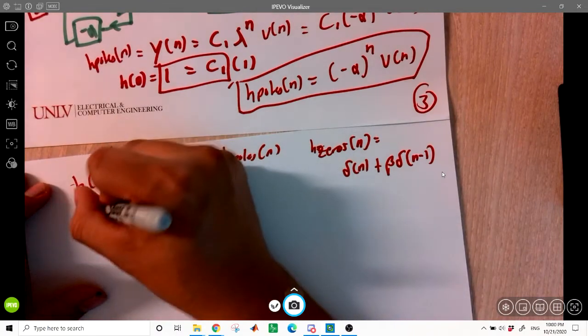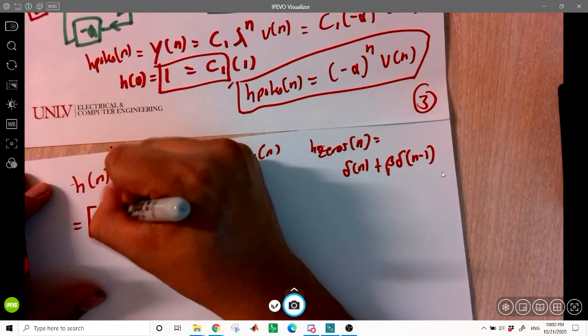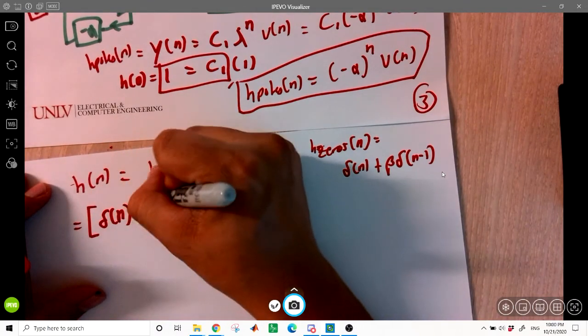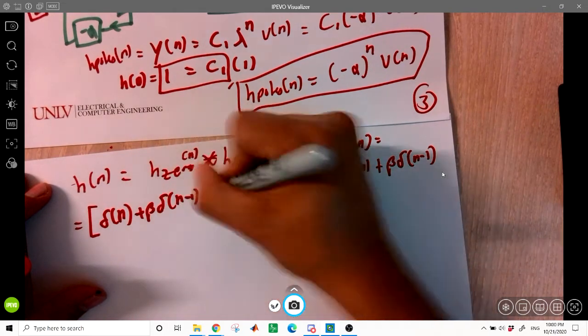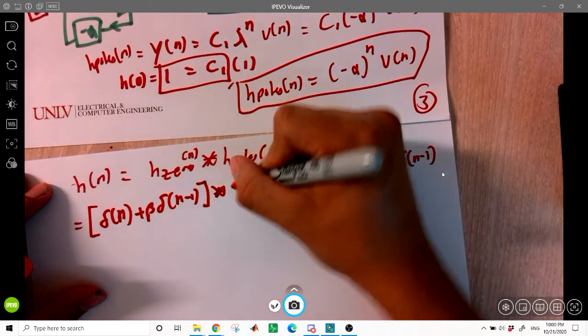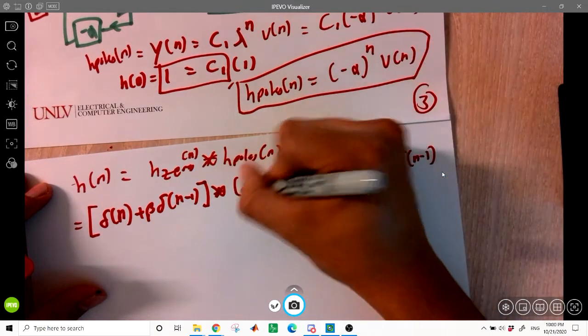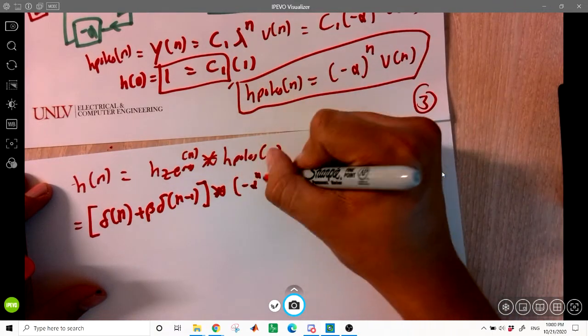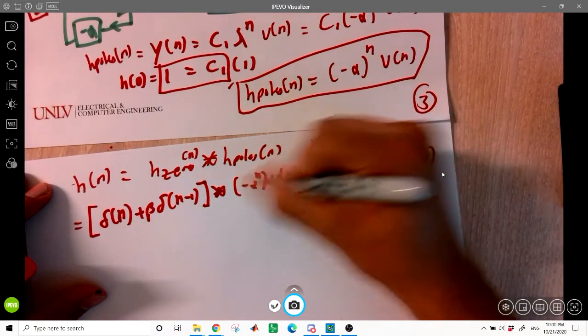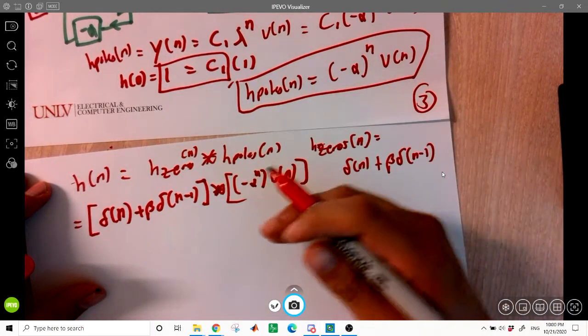Now we can see that it's going to equal, let's do this, the delta function plus beta delta of n minus 1 convolved with minus alpha to the n, u of n. And then let's use our trick.